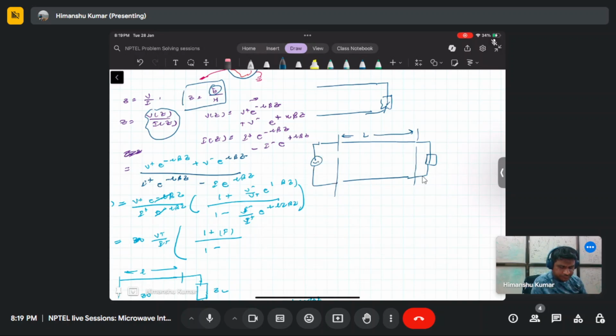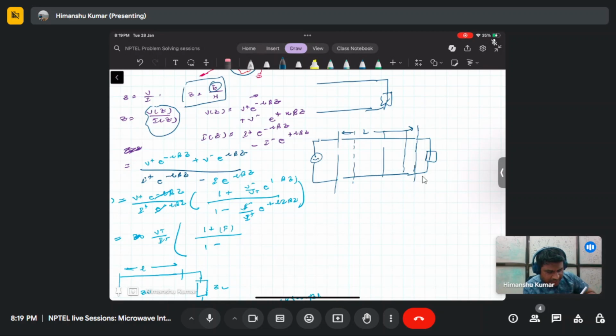Let's say you want to calculate. Now we know that there is a variation of impedance at each point of the line. So if you want to calculate the variation corresponding to each point on the line, we consider a very simple case.